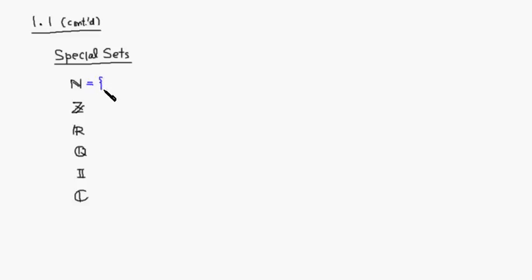It would start with 1, 2, 3, 4, and so on. So we can use the three-dot notation. Natural numbers are exactly the same thing as positive integers.